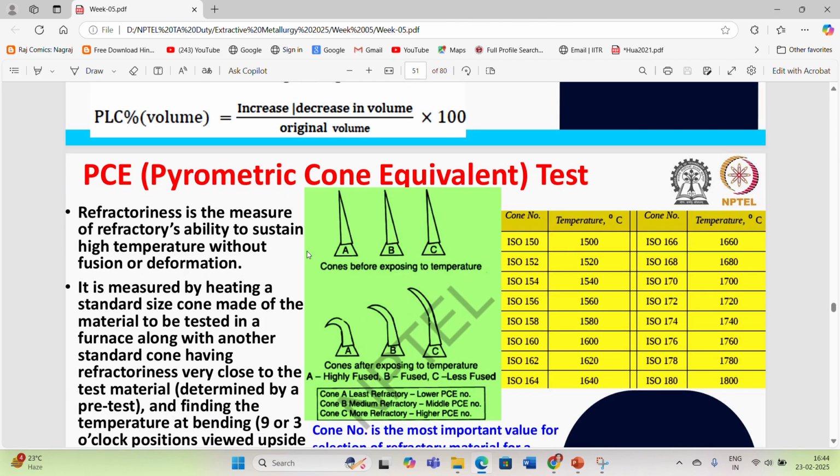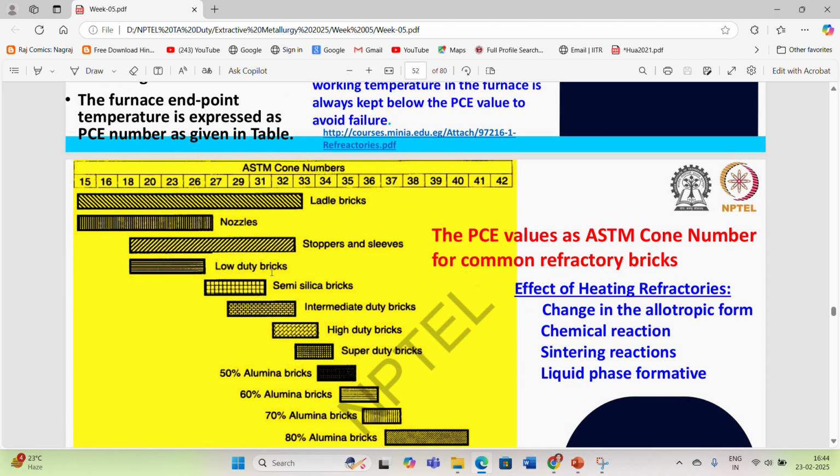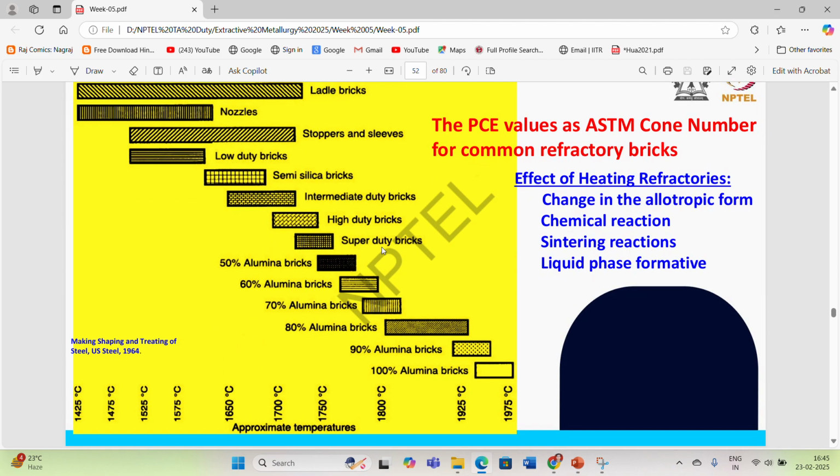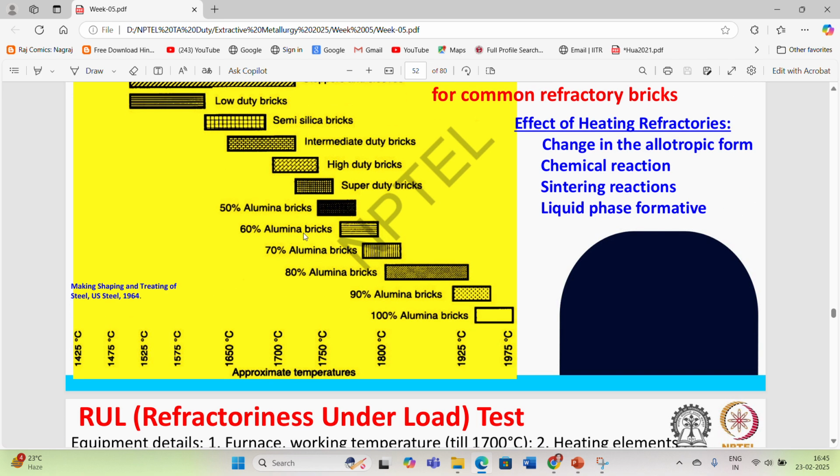With the help of this test, we can check the high temperature sustainability of a refractive material. The PC value as ASTM code number for common refractive bricks, for alumina bricks, is around 50%.